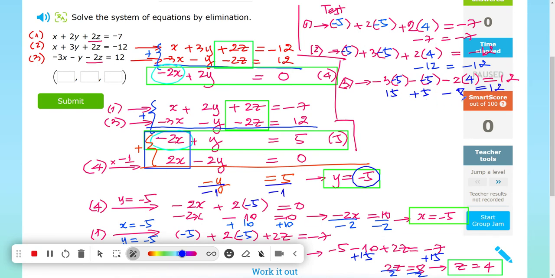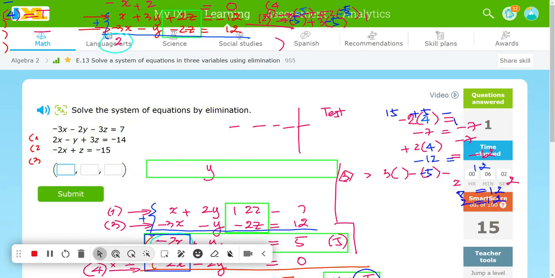So you can see the left side comes out 12. So 12 equals 12. So I can answer x equals negative 5, y equals negative 5, and then z equals 4. Voila! Oh, it said excellent.